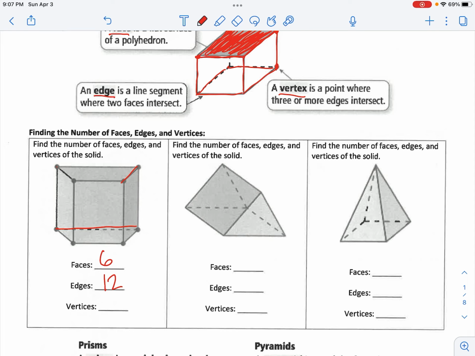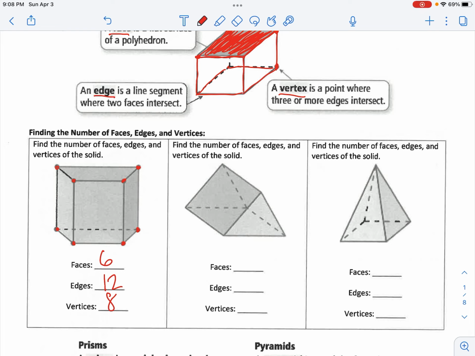Okay, so since this is a 3D object, you wouldn't be able to see it because it's in the back. So if it's dotted, it means it's there. It's just in the back, or you can't see it. So now vertices are the dots, or they are where two lines or two edges meet up. So that's 1, 2, 3, 4, 5, 6, 7, 8. There are 8 vertices.